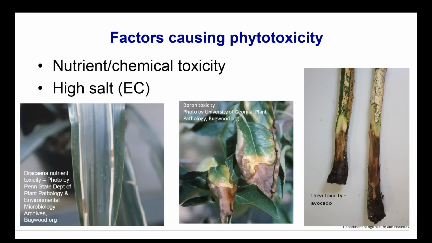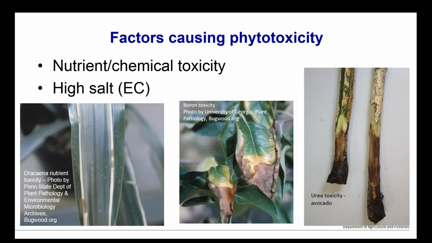Okay, nutrient toxicities can cause quite a wide range of symptoms, depending on the plant and depending on the specific nutrient that you're dealing with. So sometimes you can have necrotic reactions. Oftentimes that is the case, but sometimes, you guys know your plants.